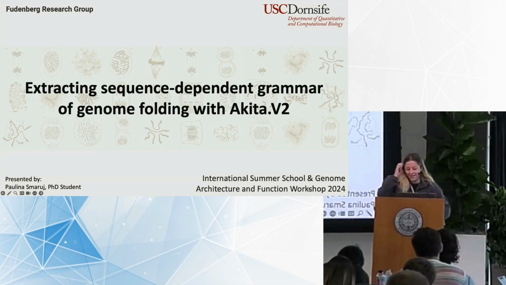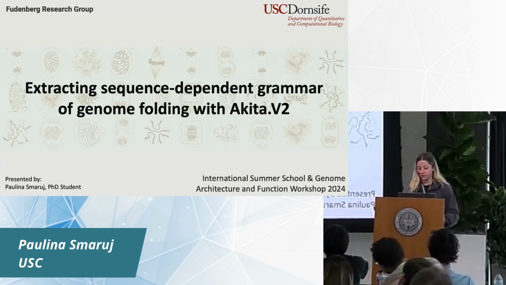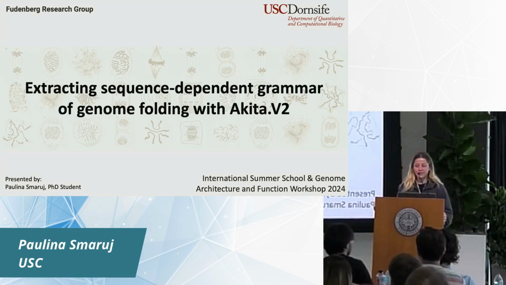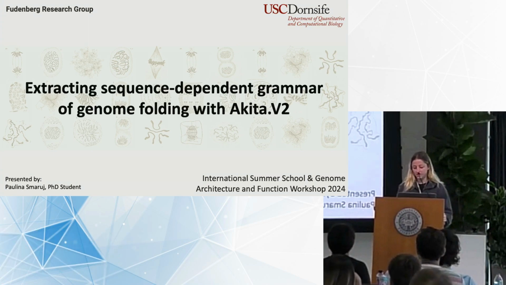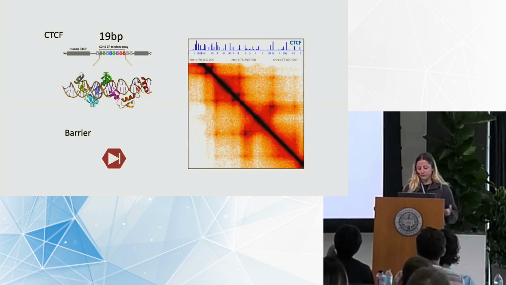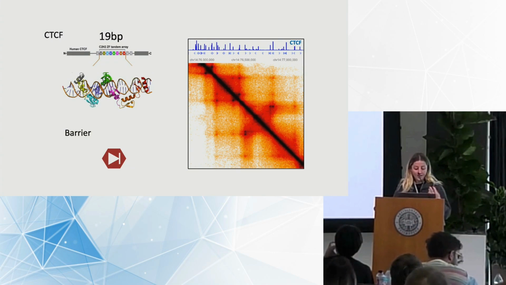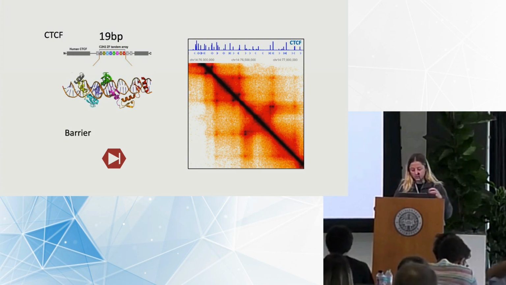Okay, so hello everybody, my name is Paulina. I'm a third-year PhD student in Fudenberg Research Lab, and I'm very excited to share my research with you on deciphering the grammar of genome folding using a deep learning model, Akita version 2. As we know, CTCF is a zinc finger DNA binding protein that's extremely crucial for forming TADs, and it binds to DNA in an orientation-dependent manner.